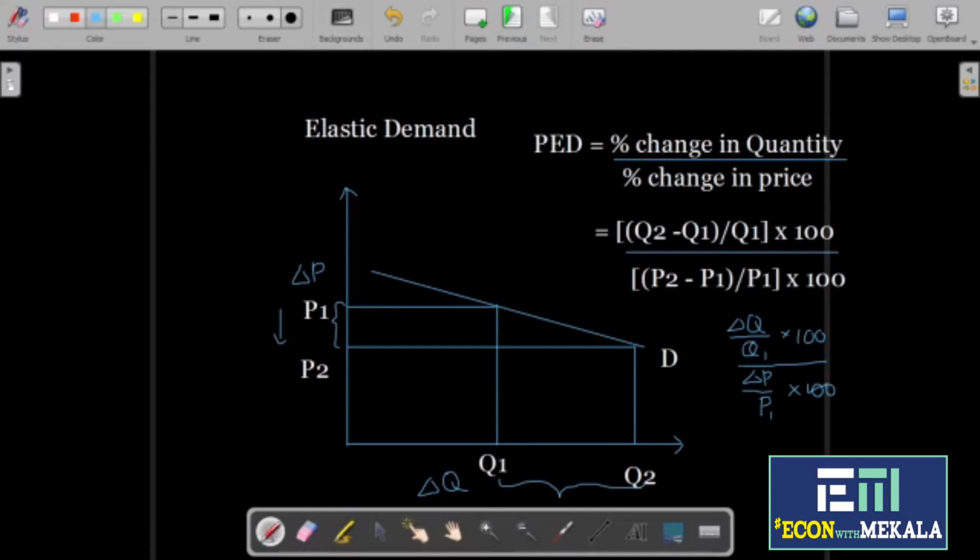It is very easy to simplify this equation. You can cut off the hundreds. Since I don't have space, let me move it to the side.